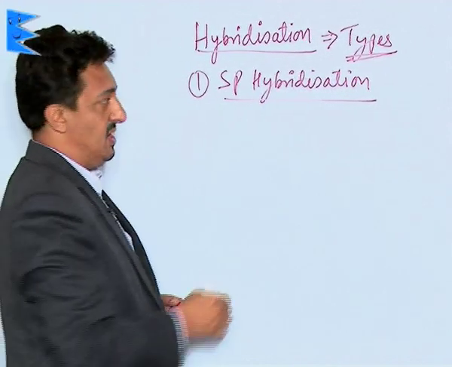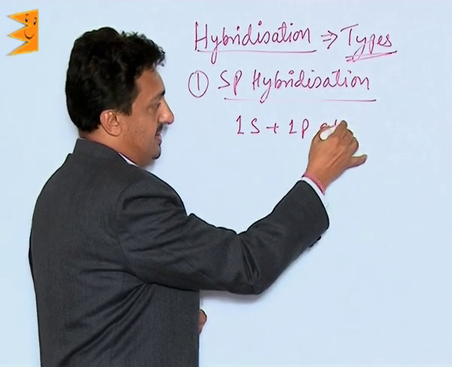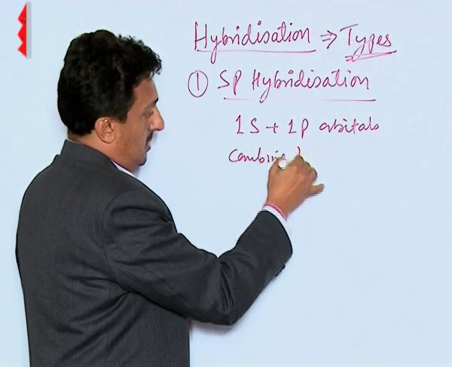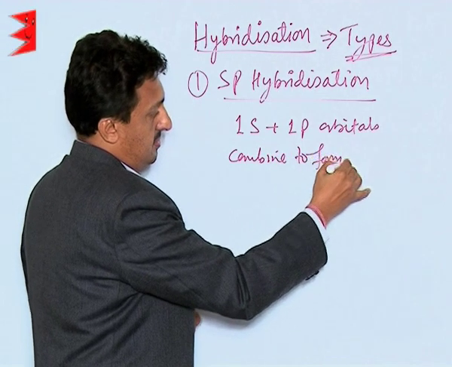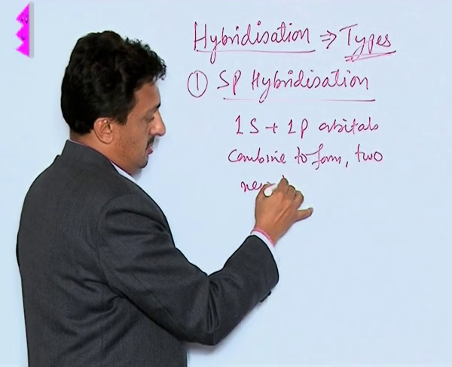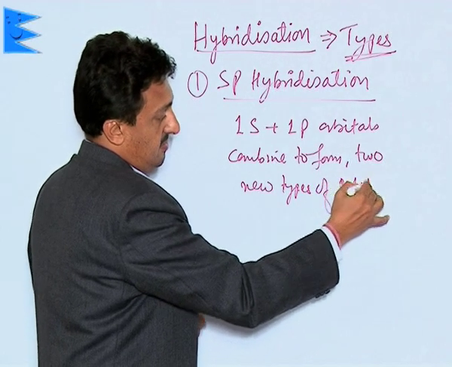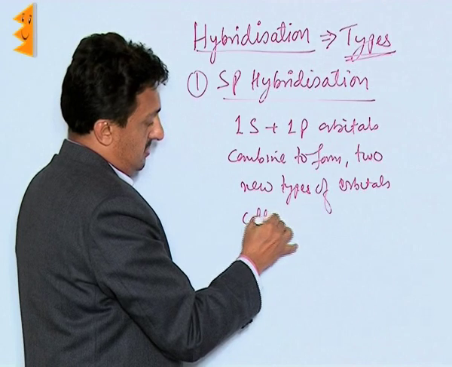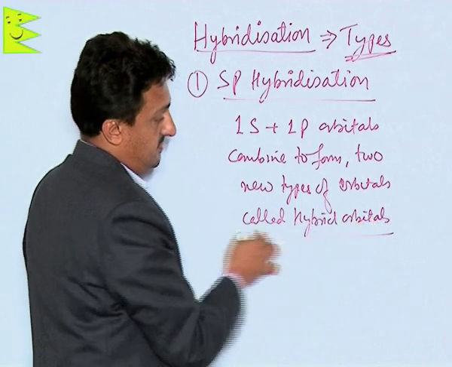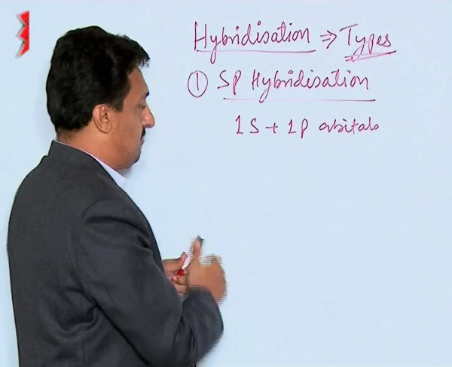It is the hybridization in which one s and one p orbital combine to form two new types of orbitals called hybrid orbitals.